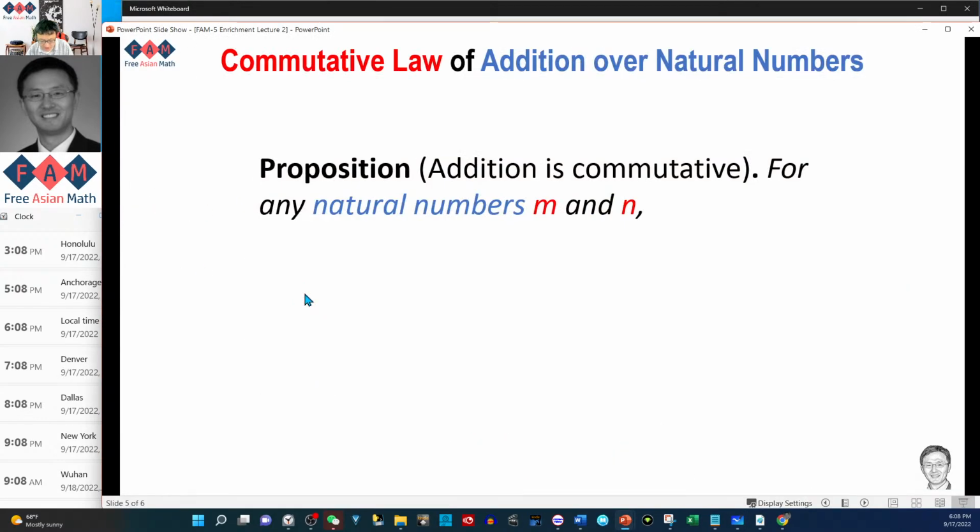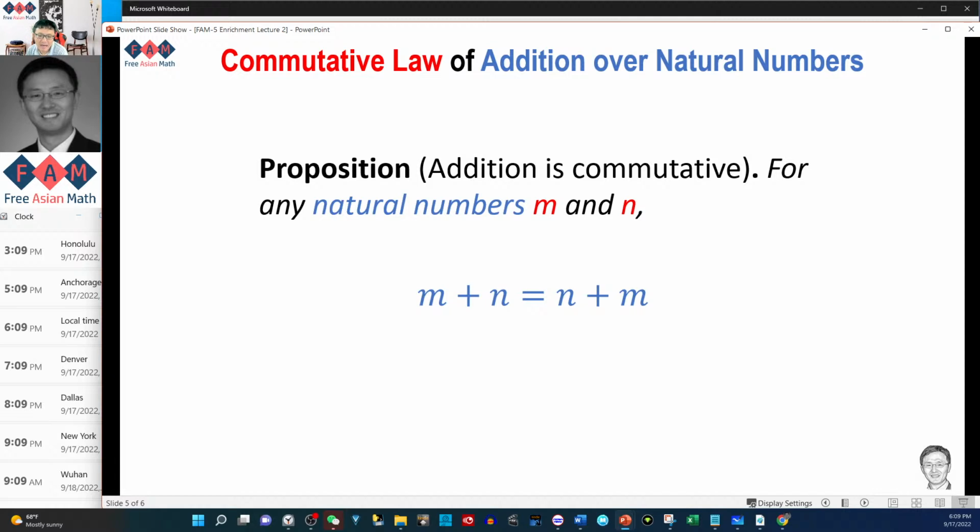Here, the property is on the second number n. So we just proved m plus n equals n plus m for any natural number n.